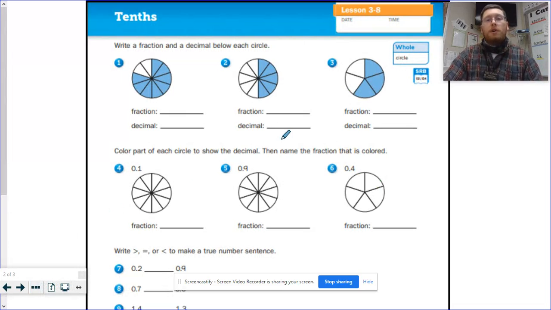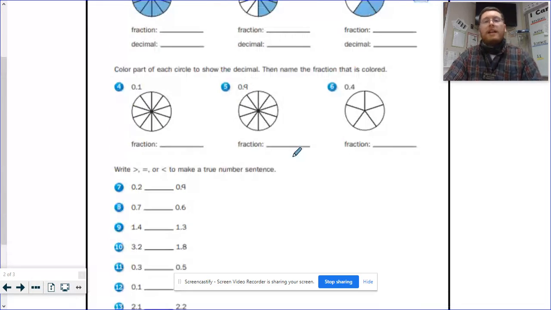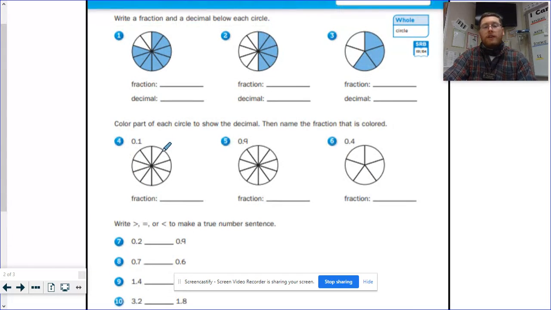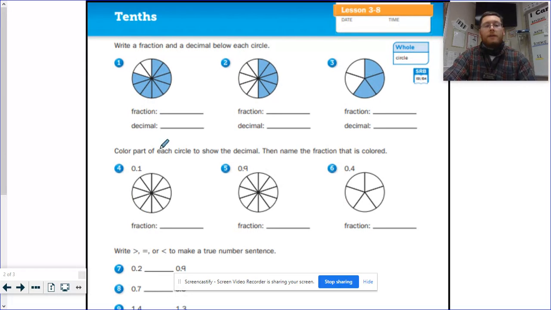Okay? All right, now we are actually going to go to the next page. So this is in your book. This is actually page 89 in your book for the lesson. And I'm going to do the first one for each one of these to kind of show you what it looks like. So let's look at number 1. It says write a fraction and a decimal below each circle. So again, just like what we did on the other page, we have our model and we have to write the fraction and the decimal. So this is broken into tenths.